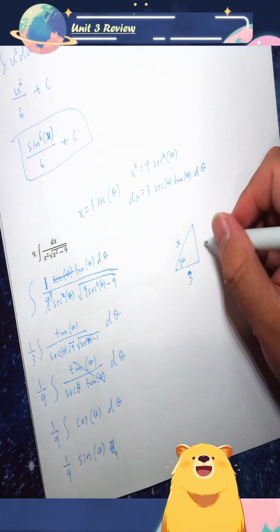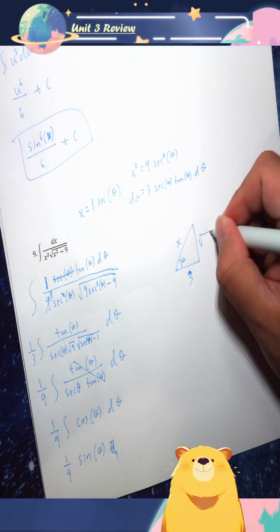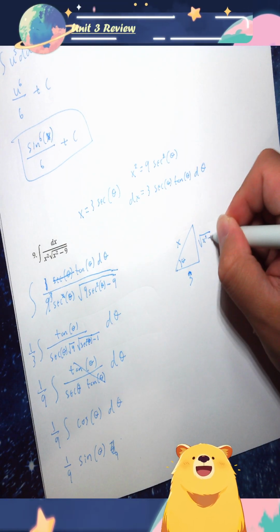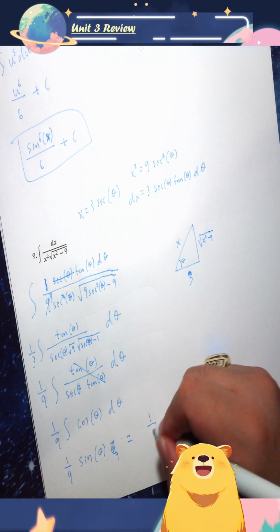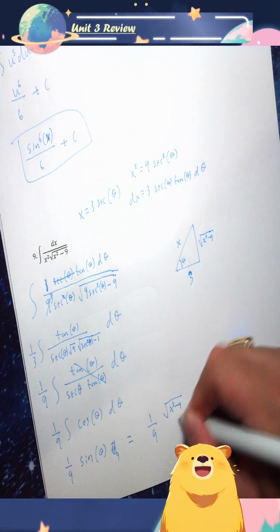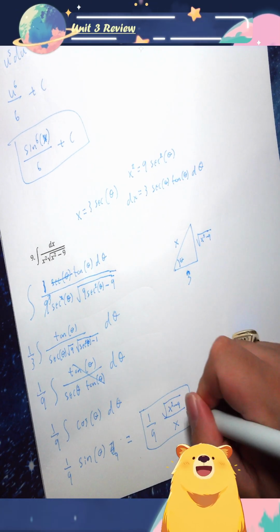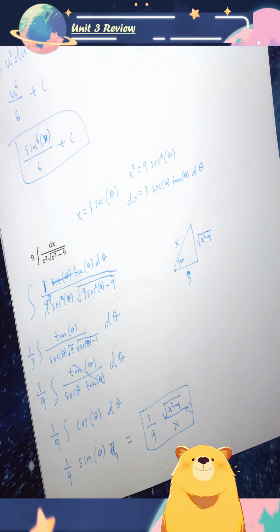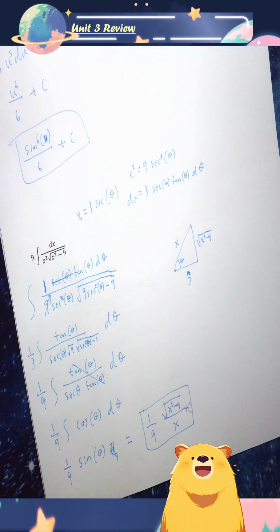And then sine is opposite over hypotenuse, so we just do Pythagorean to get the square root of x squared minus 9. So the full answer is 1 over 9 times the square root of x squared minus 9 over x, plus c. Excuse me. All right, we're just going to double check. Yes, that's correct.